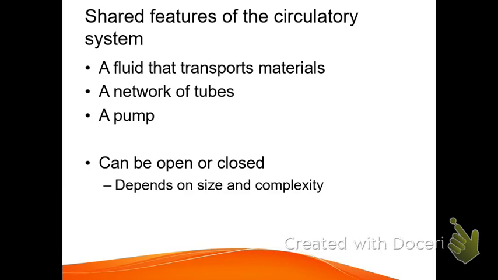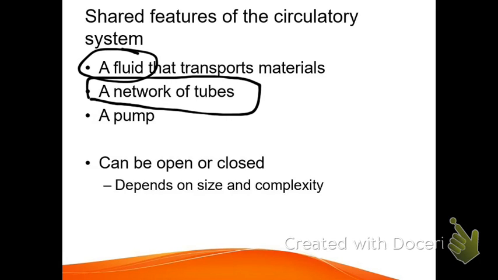So we're going to learn about a few different types of circulatory system. What they all have in common is they all carry some form of fluid. Okay, they all circulate a fluid around. They then have something that contains that fluid.